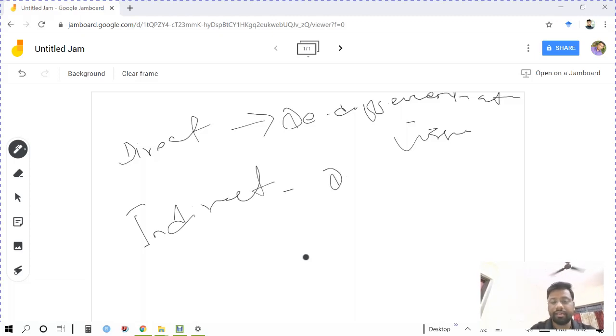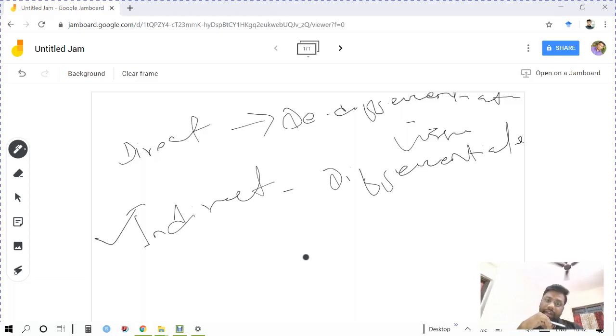Indirect, differentiated. You just remember these two points, it will be easy for you people. Indirect, what happens? We are taking any tissue like leaf tissue, root tissue, flower, petal, anything.